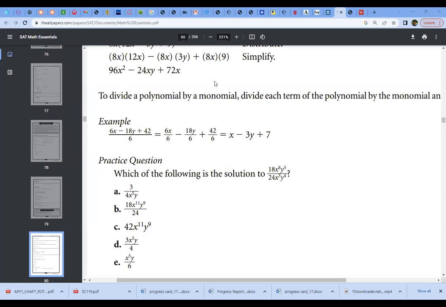Okay, guys, let me answer this for you. Bismillah. Okay, as we learned, we're gonna separate the numbers: 18 over 24, and here x to the power 8 divided by x to the power 3, and here y to the power 5 divided by y to the power 4. 18 and 24: 18 can be divided by 6 to be 3, 24 can be divided by 6 to be 4.